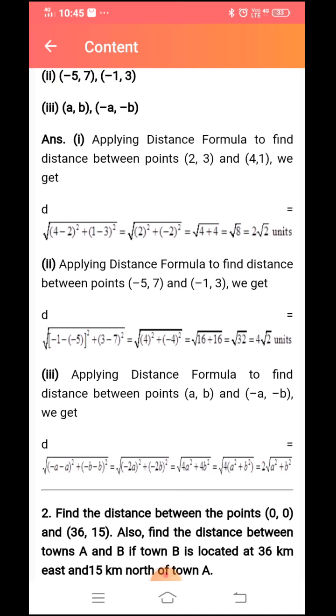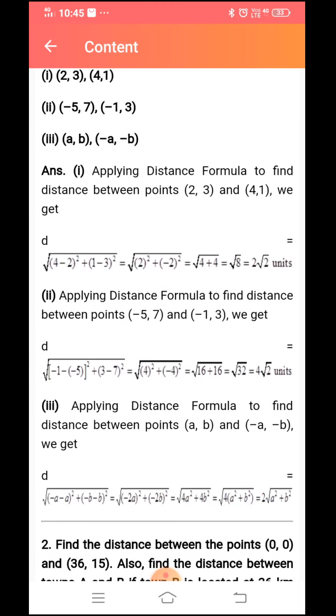That is why I have said the distance formula can be written both ways. For example, now we have applied (x2 minus x1) the whole square. Suppose you try another way, as I said while explaining the formula. What will come? First x1 is 2, x2 is 4.